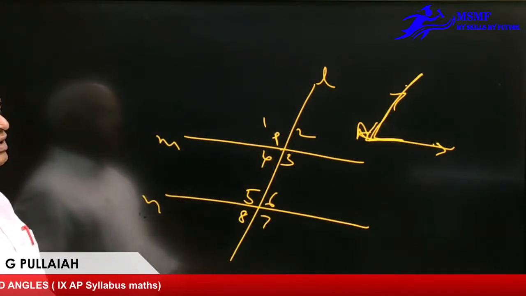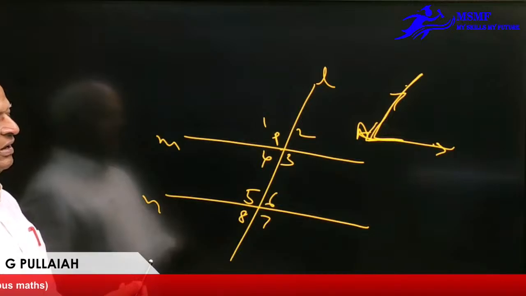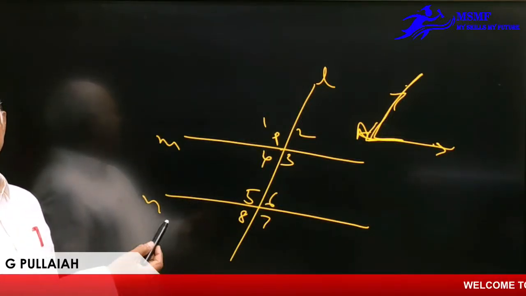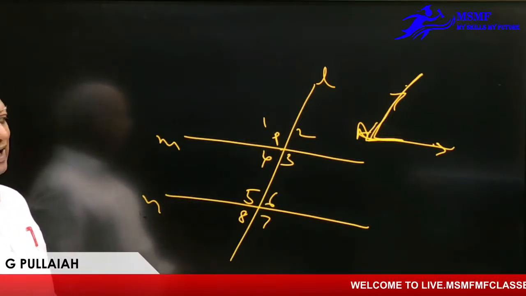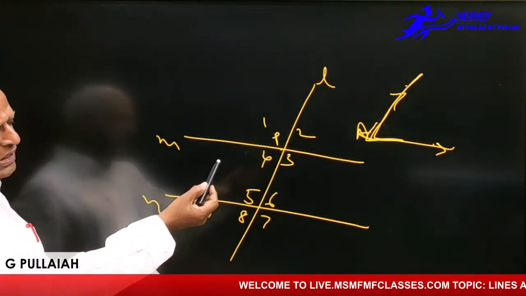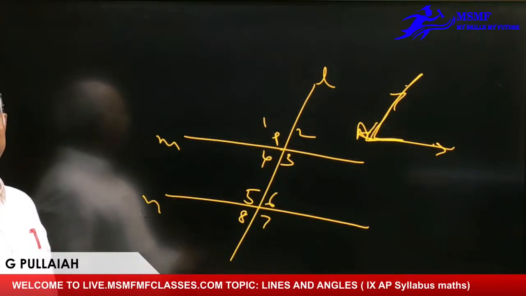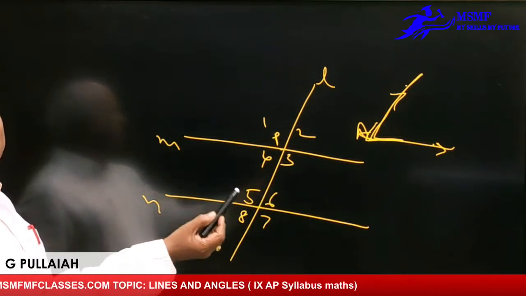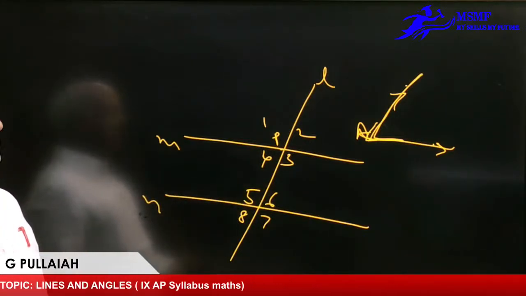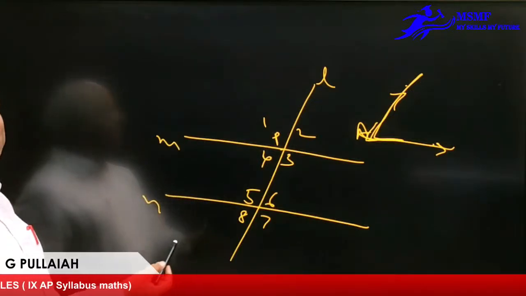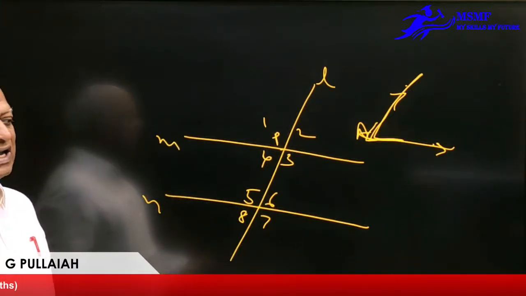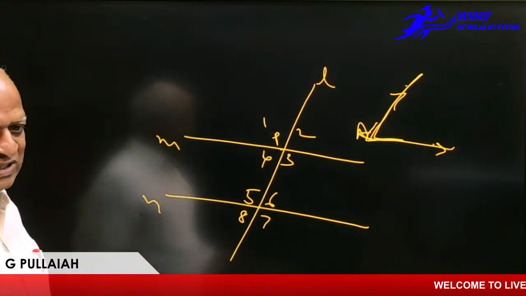Then 1, 4, 5 and 8 are on the left side of the transversal. So here 2, 3, 6 and 7 are the angles on the same side of the transversal. Similarly here 1, 4, 5 and 8 are the angles on the same side of the transversal.